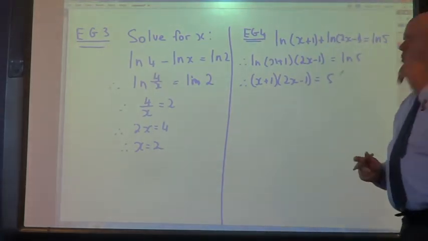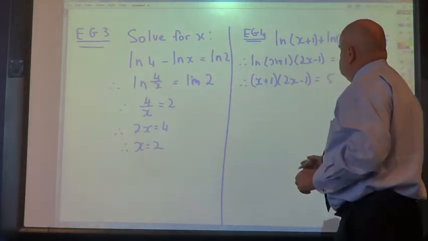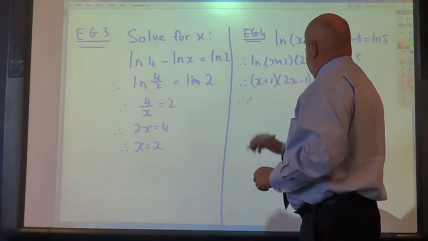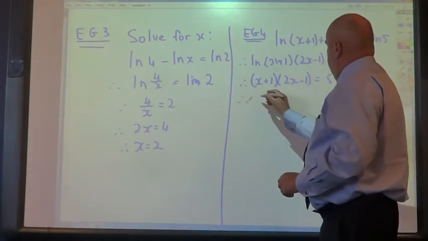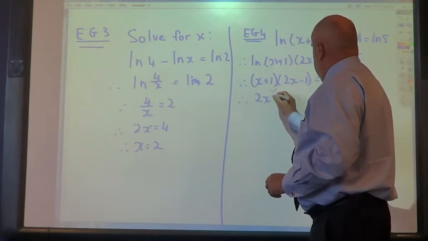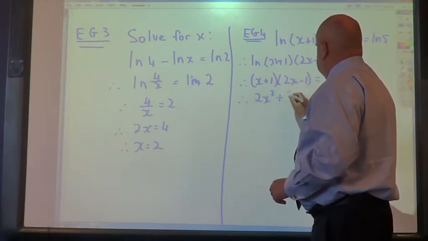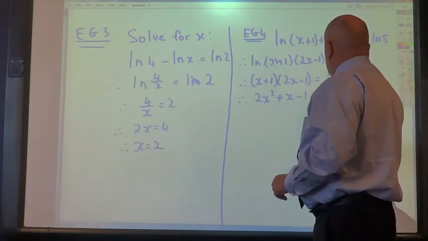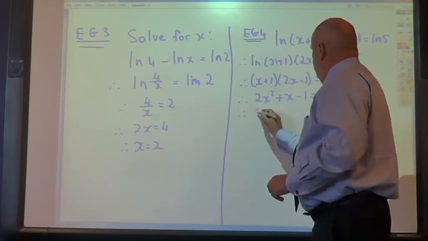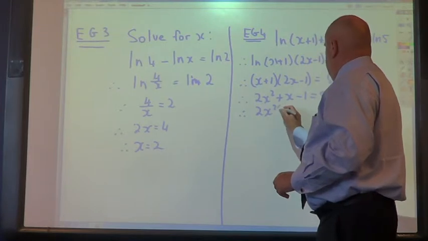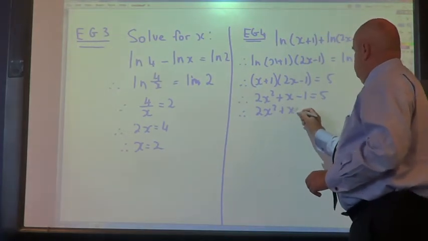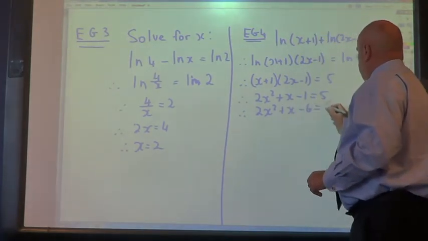So we've got the usual old quadratic equation to solve, expanding using the FOIL technique perhaps, we will get 2x squared minus x plus 2x, so overall it's plus x minus 1 equals 5. Therefore, 2x squared plus x minus 6 equals 0, just subtracting 5 from both sides.